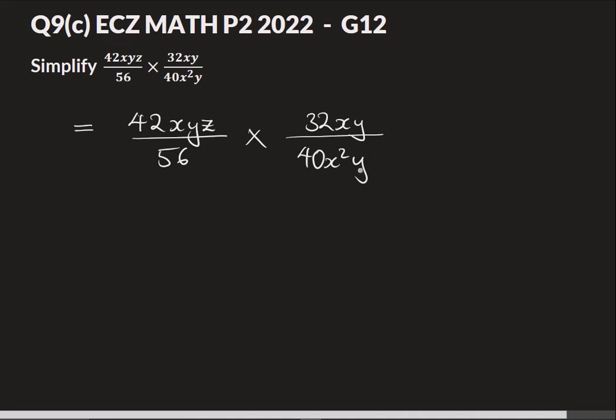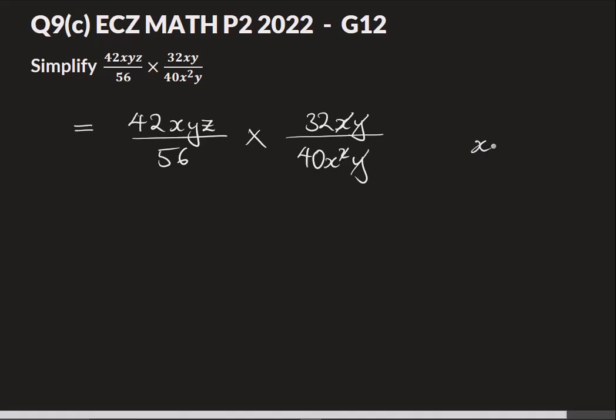If you look, we have y in the denominator and y in the numerator. From the laws of indices that we know, these two can cancel out. And because we have x in the numerator here and x squared, we can cancel this x and one of these x's here, remaining just with an x.